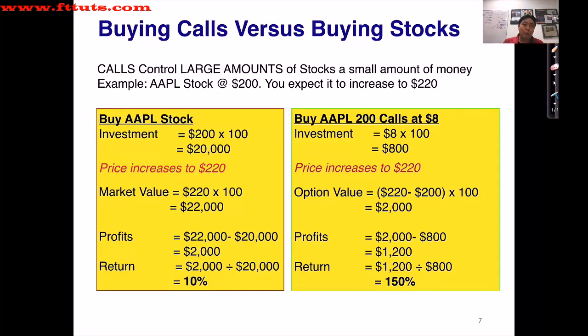So in this program, you're going to learn the strategies on how to do this in a very safe way to maximize your returns with very minimal risk, and when to buy call options and when to do the opposite, which is to sell call options. Because remember, you can profit in both methods under different conditions.